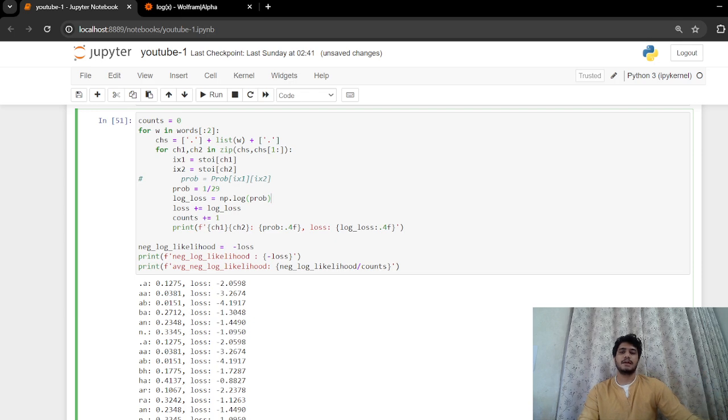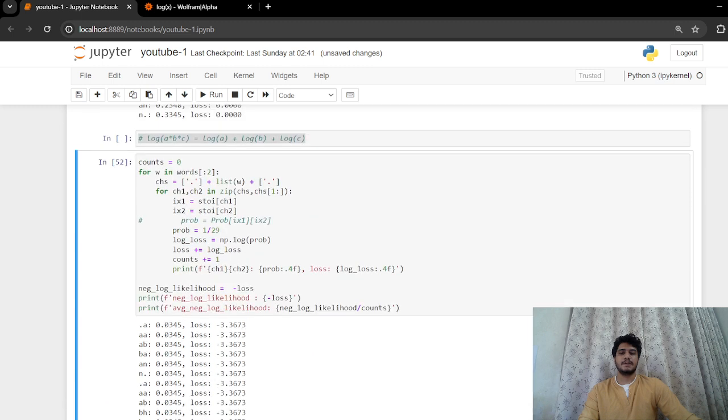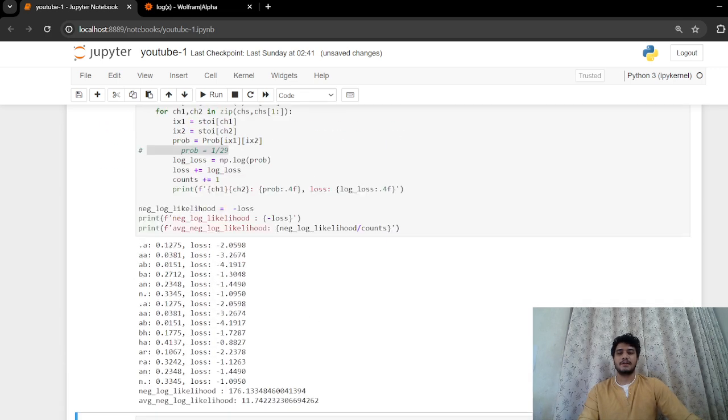What would this lead to? What do you think? Let's just do this. Okay, so the loss actually increased, which suggests that the bigram model is actually better than the random prediction model.